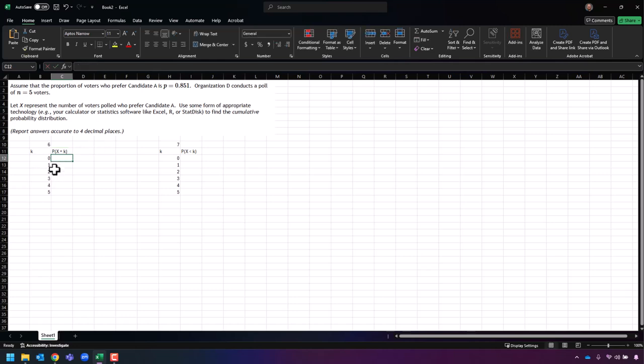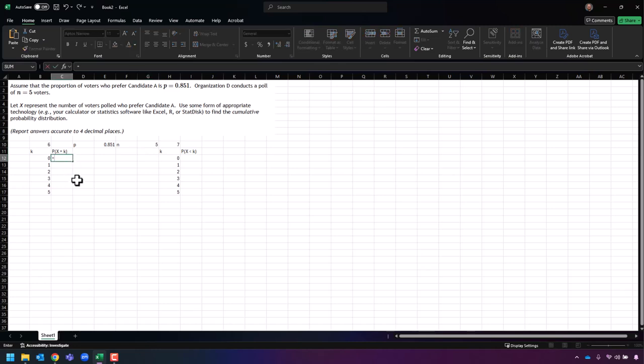Okay, so on the first one, when I'm talking about question 6, it was the probability of exactly this many happening. And the nice thing about this is we have the probabilities here, 0 all the way up here. Now the important data from this question here, the probability of success is 0.851, and the number of trials is 5. So in both of these cases, we can have 0 out of 5, 1 out of 5, 2 out of 5, 3 out of 5, 4 out of 5, and 5 out of 5, so on and so forth.